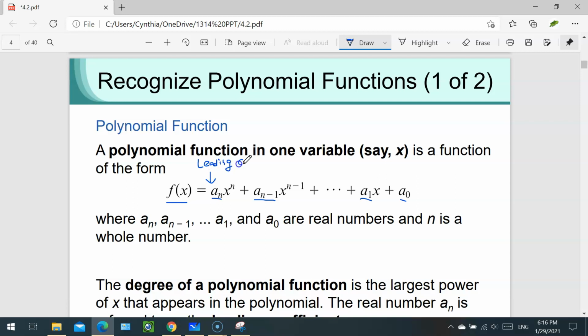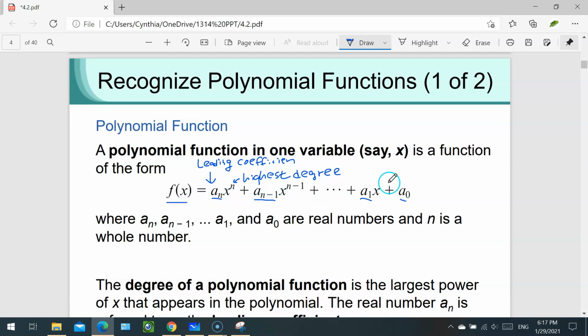Leading coefficient, because this is the number on the highest degree power term. So n is the highest degree of the function. The polynomial function has a descending order pattern.